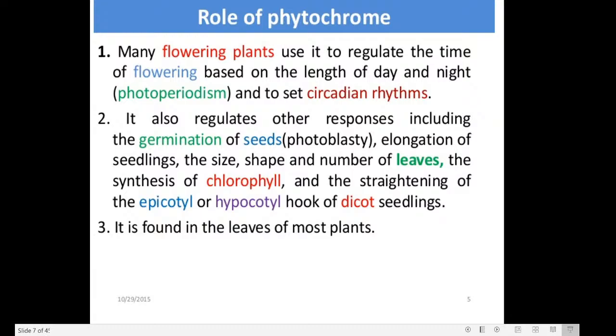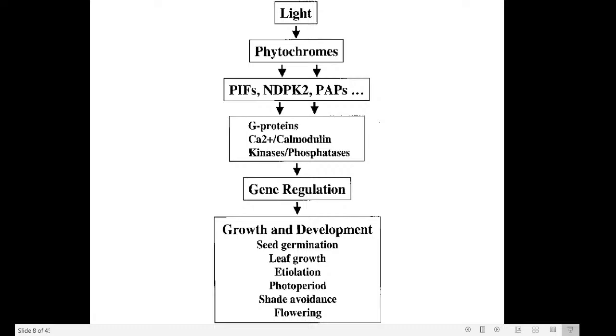Apart from this, once the phytochrome absorbs the light, it can stimulate protein production, inhibition or degradation. In this flow, the phytochrome absorbs the light, then activates proteins such as PIF, which are factors in the plant, and NDPK2 and PAPS. These are internal proteins present in the plant.